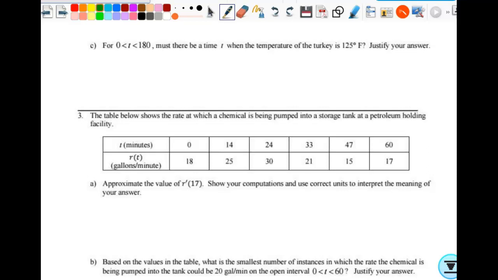So if I'm going to say that, how do we know this? By IVT. If I'm going to use IVT, what do I have to say? I have to say that it's continuous, right? So is this continuous? Does it say that it's continuous? No. Does it say that it's differentiable? Then how do I know it's continuous?